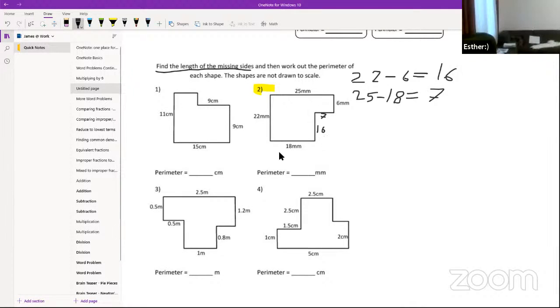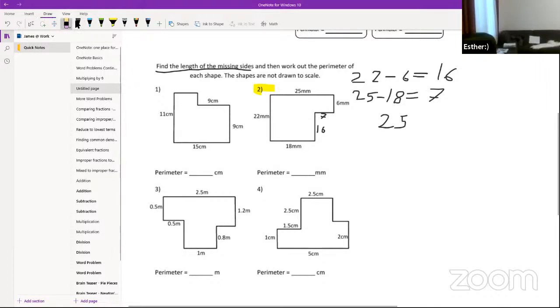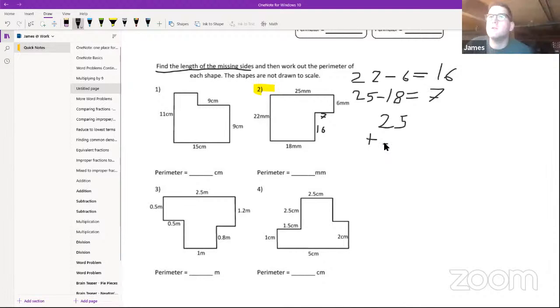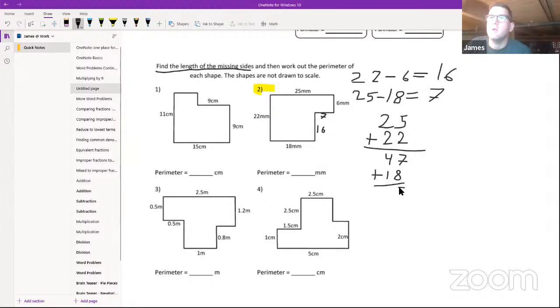So now we have all the sides, all 6 sides for this. And then we can start doing the addition. 25 plus 22, which equals 47. Plus 18, which equals 65.